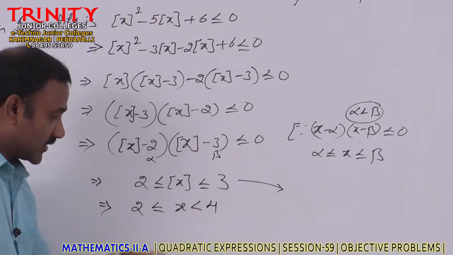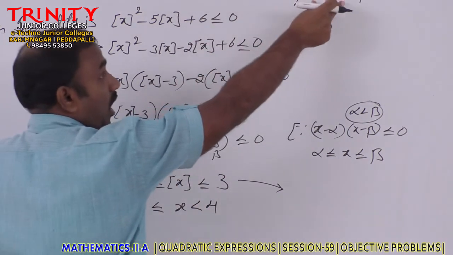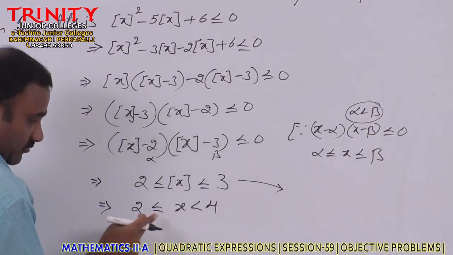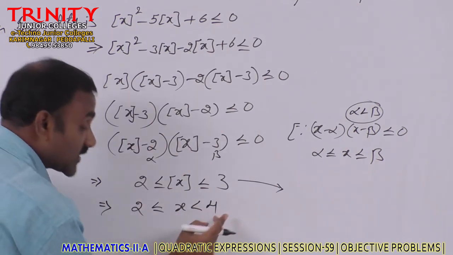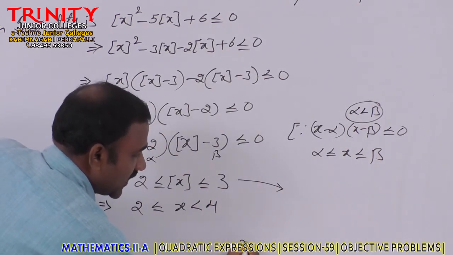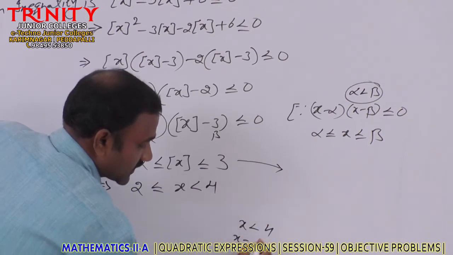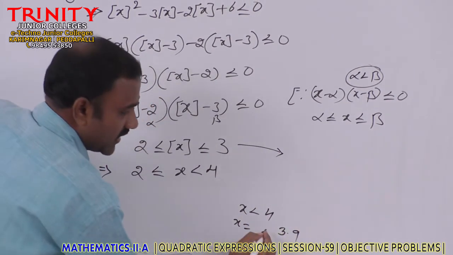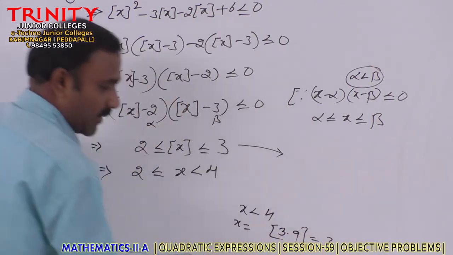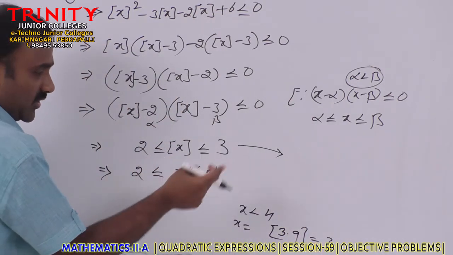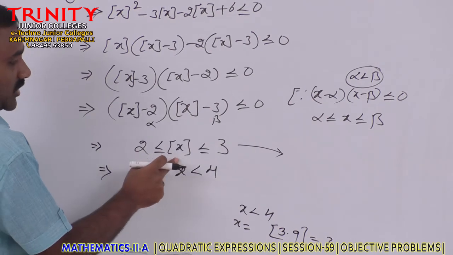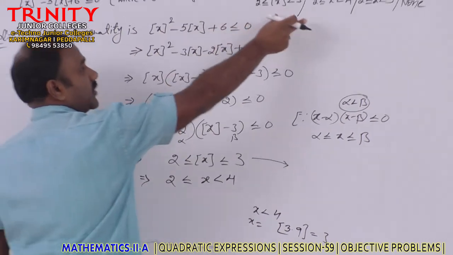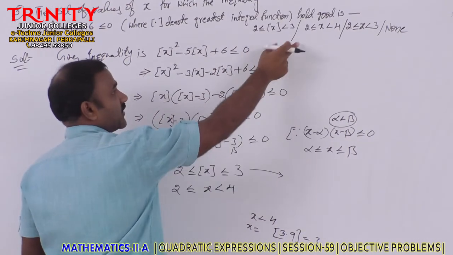If we take 2 ≤ x < 4 according to the options, x takes values from 2 up to less than 4, so it can take 3.9, 3.8. [x] of 3.9 is 3, therefore it is equivalent to 3 only. That's the meaning of 2 ≤ [x] ≤ 3. Originally this is the answer, but as the options don't have it, we have to check with the given options.